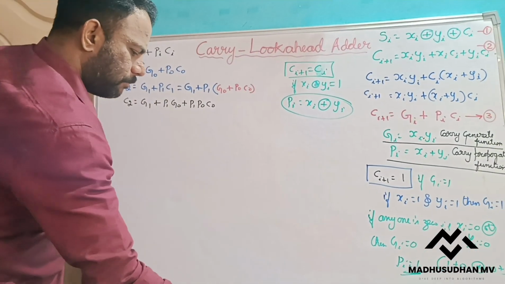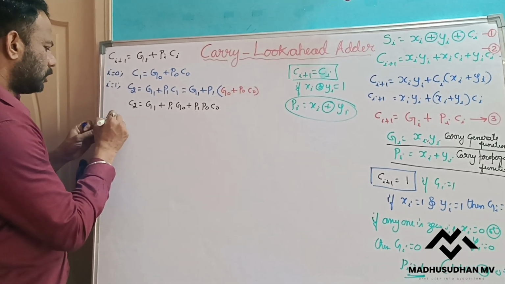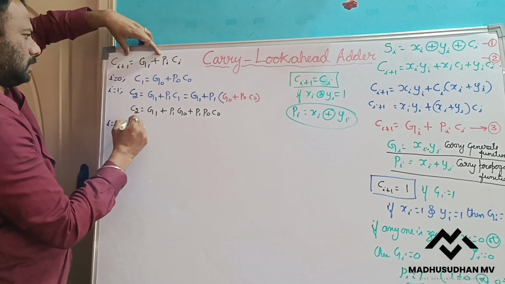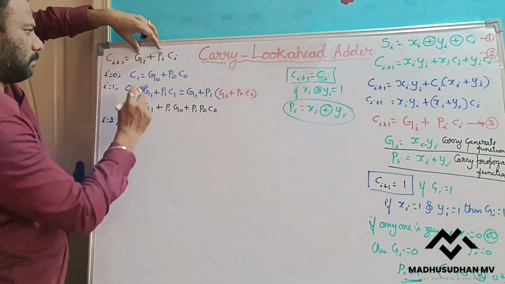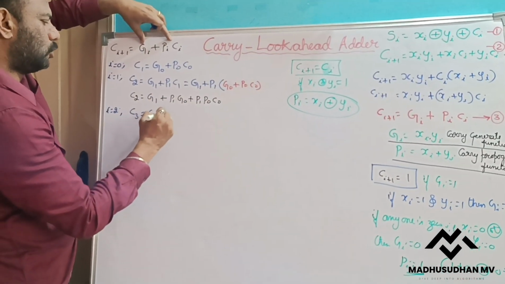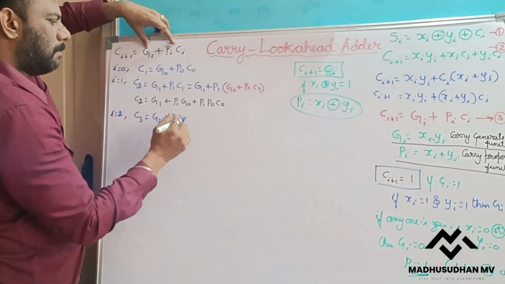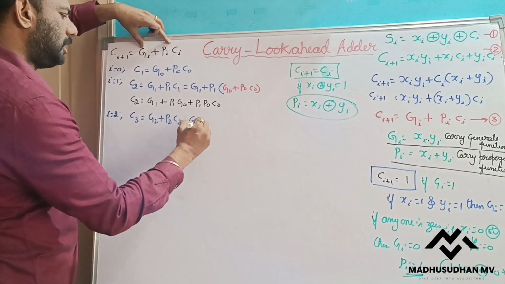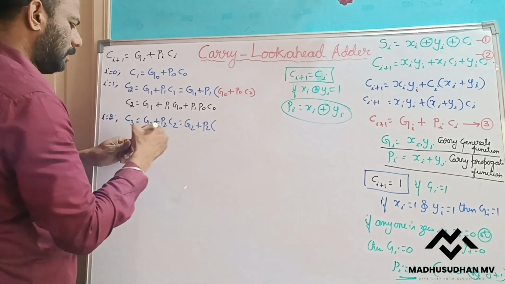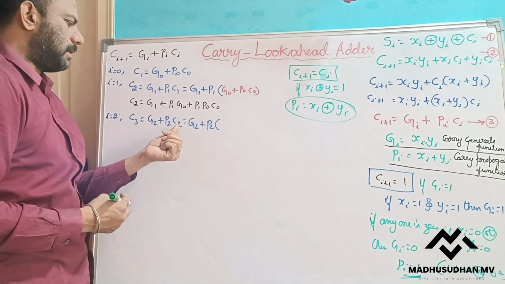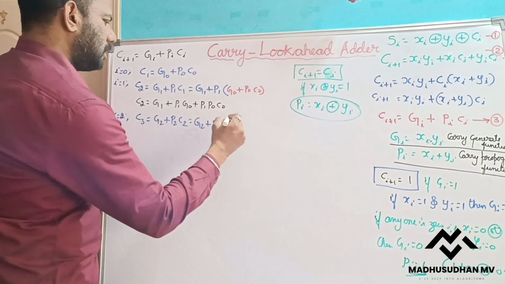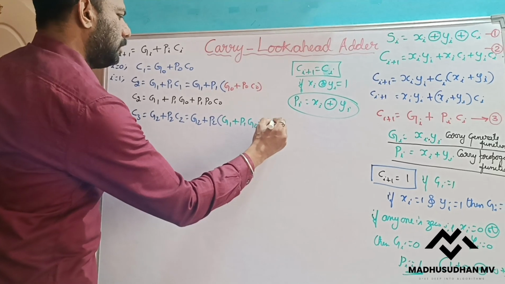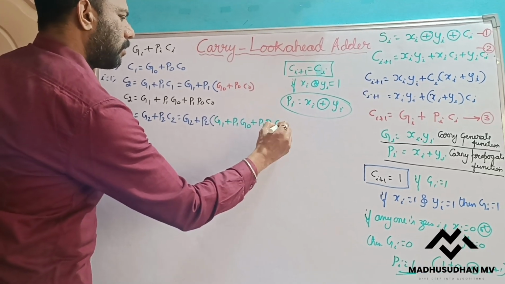Now let us see, put i is equal to 2 in this equation. 2 plus 1, 3, that is C3 is equal to, in place of i 2, G2 plus P2 C2. But I know the value of C2. Now I will replace C2 with this value, that is nothing but G1 plus P1 into G0 plus P1 P0 C0.